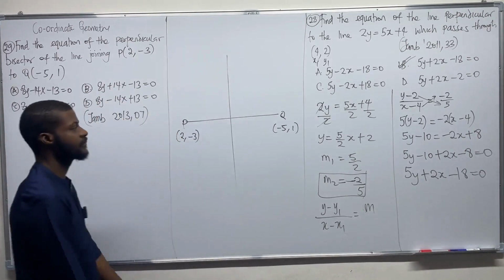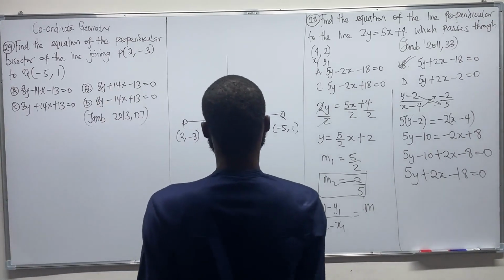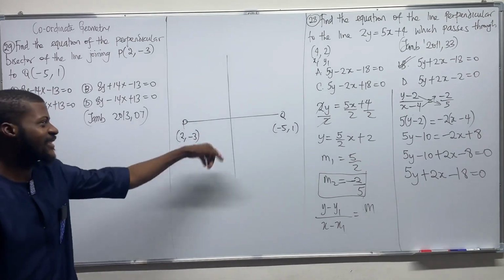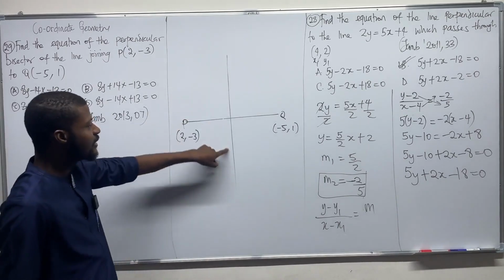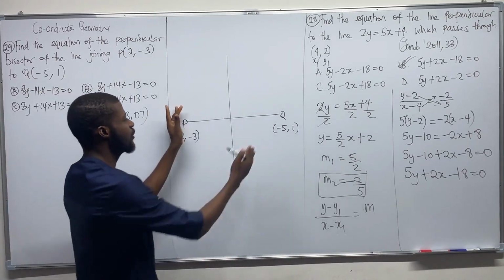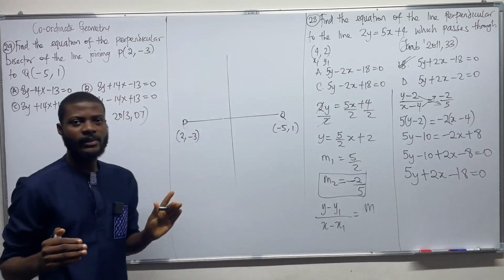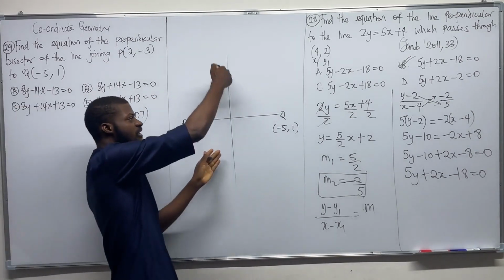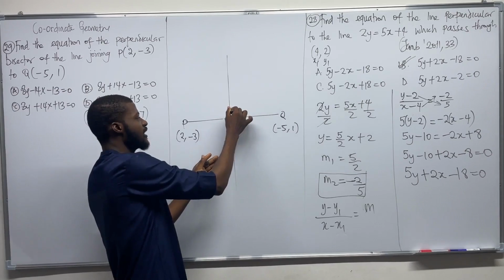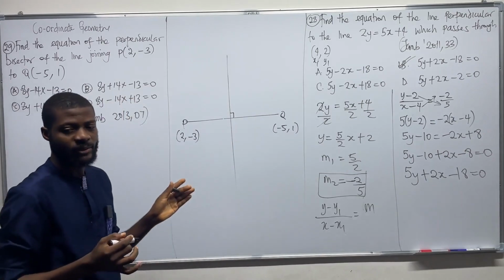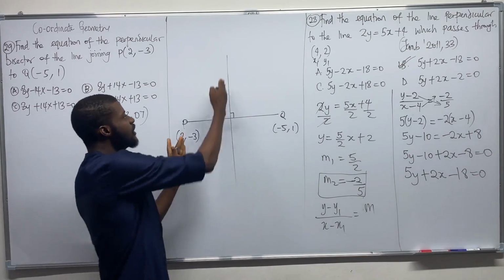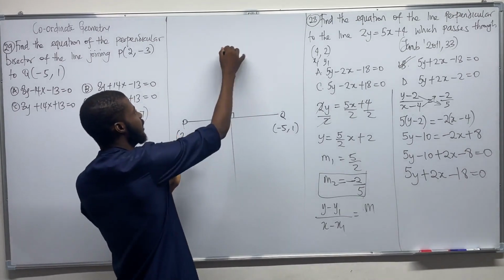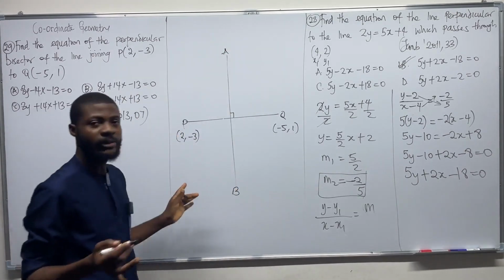Let's just assume that this is straight. So this line here is a bisector. It's dividing PQ into 2 places. The question is, what is the equation of this very line? Because this line is forming a 90 degree angle here, meaning it is perpendicular to it. So what is the equation of this very line? Let me say this is line AB.